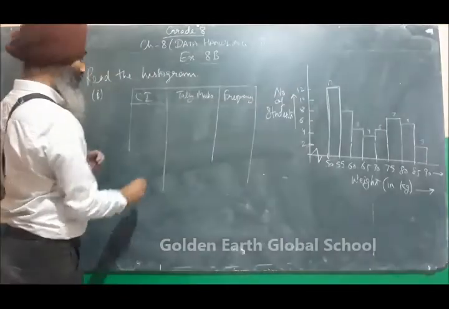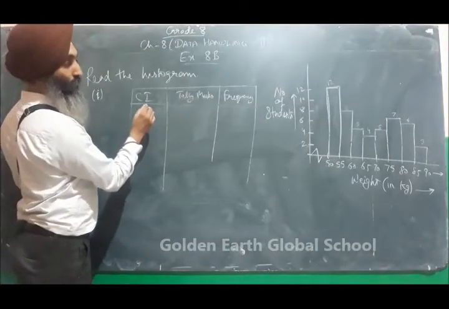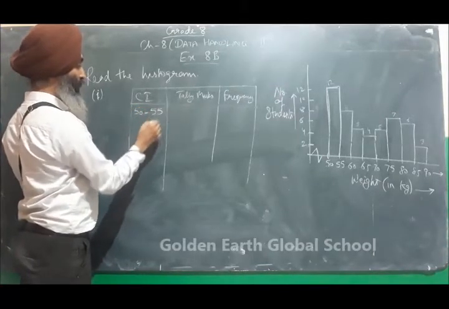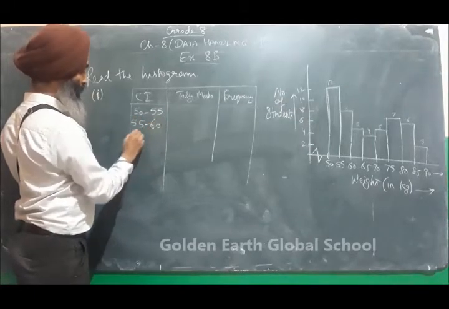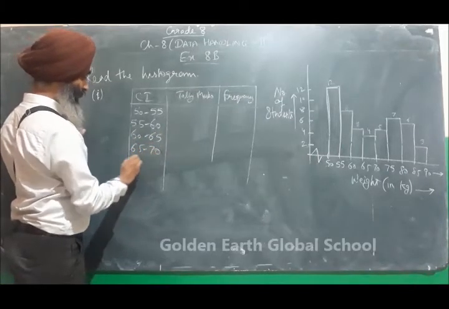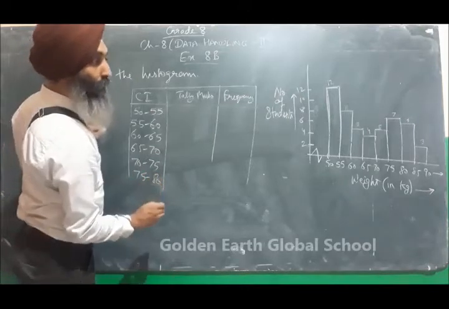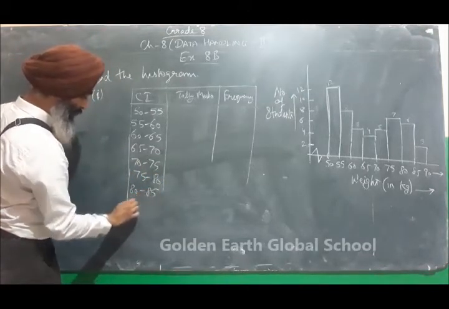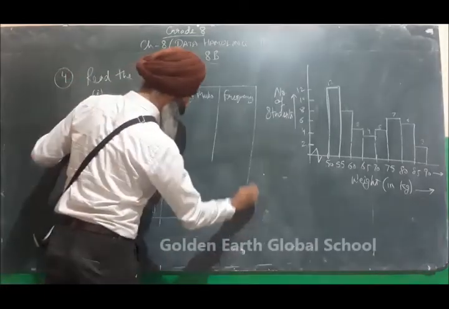Now the first class interval is 50 to 55. Then 55 to 60, 60 to 65, 65 to 70, then 75, then 80 to 85, then 85 to 90. So this is all about it.